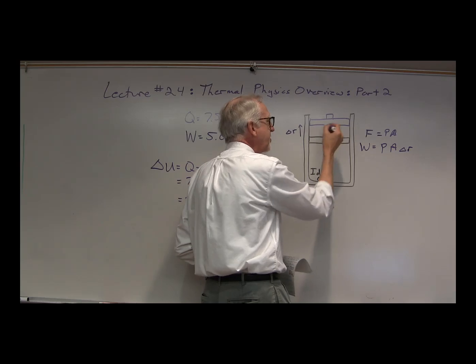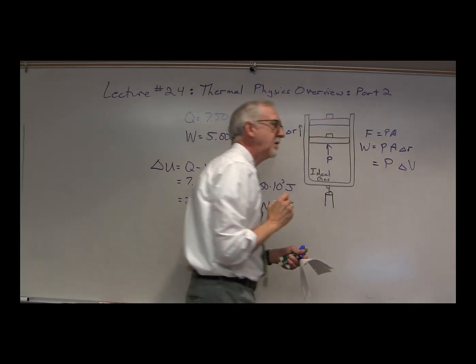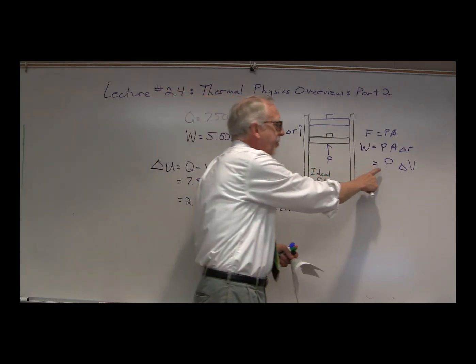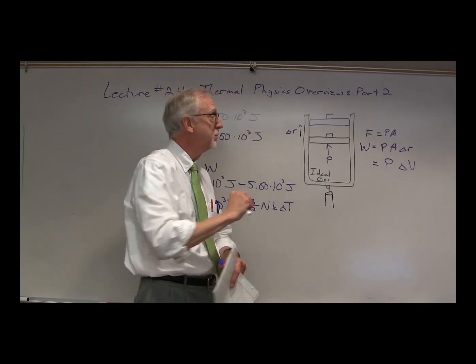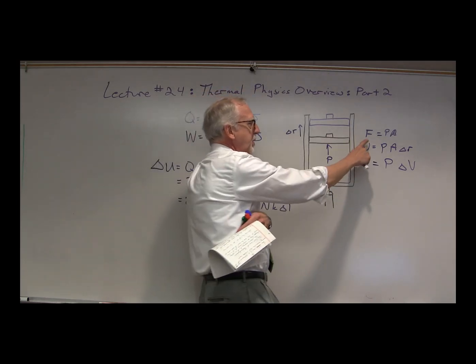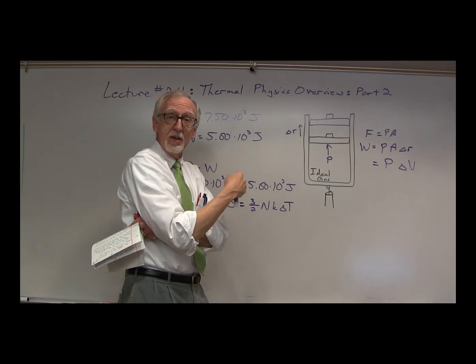Well, that's the change in the volume, delta V. So this is P delta V. So a gas can do work by an amount, the pressure times the change in the volume, P delta V. This is assuming that the pressure is constant. If it's not constant, then we have to integrate the force with the varying pressure as it changes.